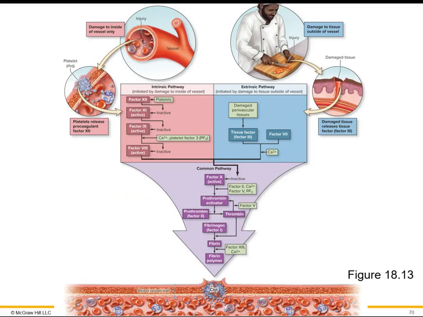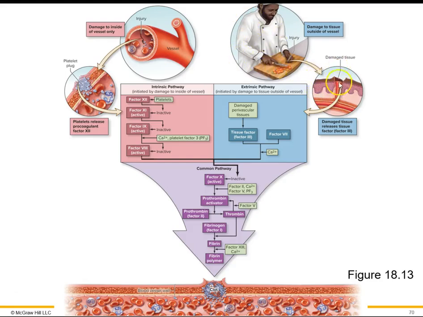Okay, here's all of what we just discussed laid out for you in an illustration. So we have the 2 pathways here. We have the intrinsic pathway and the extrinsic pathway, and they converge here to the common pathway. So let's say this guy here is chopping carrots and he cuts his finger.